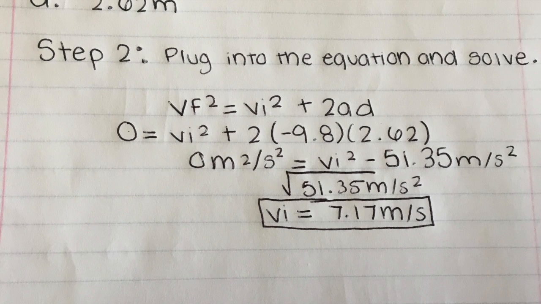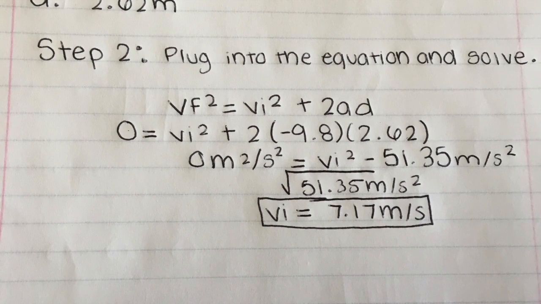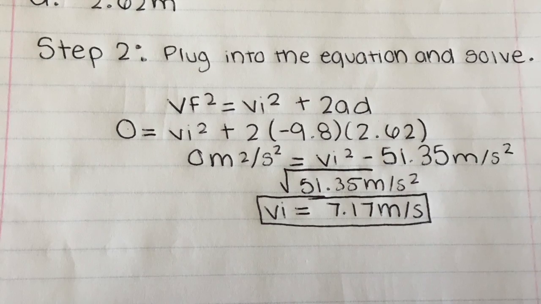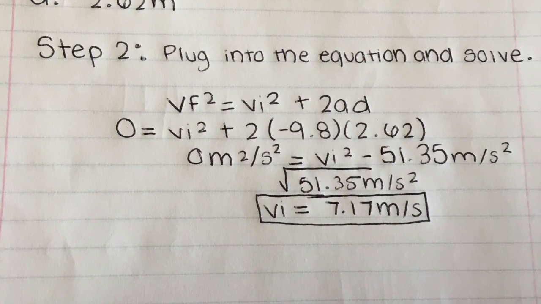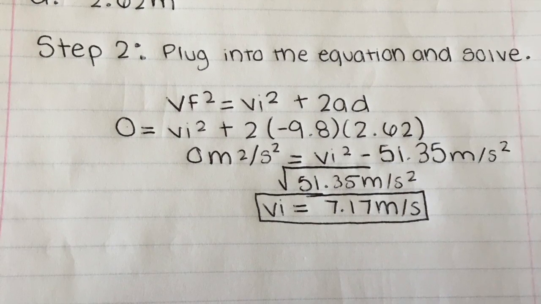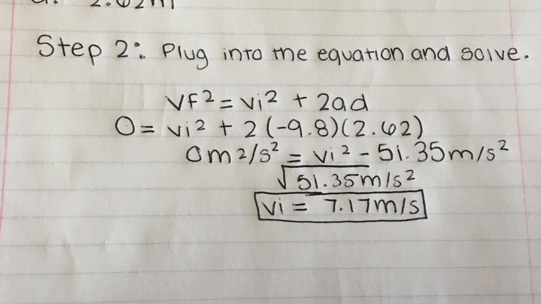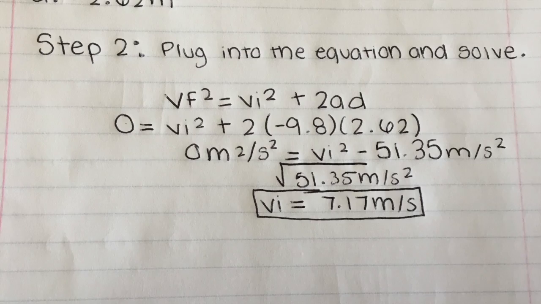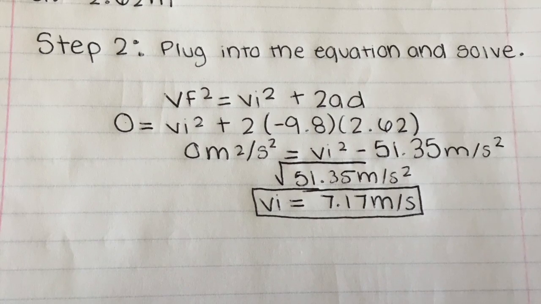And then step 2 is plug into the equation and solve. So I'm basically using VF squared equals VI squared plus 2AD. And then I plugged all of my givens in, so I got 0 equals VI squared plus 2 multiplied by negative 9.8 and 2.62.